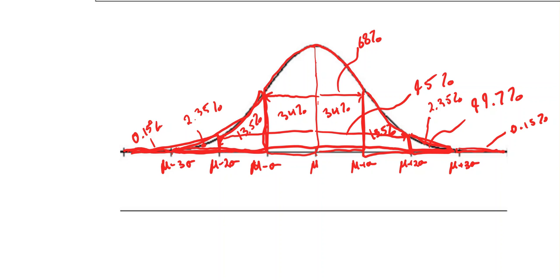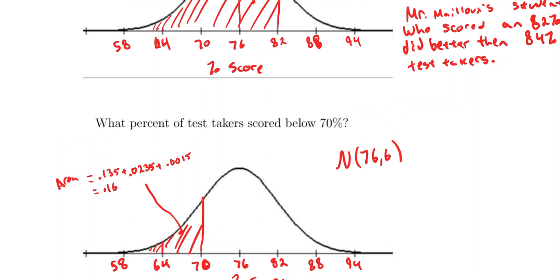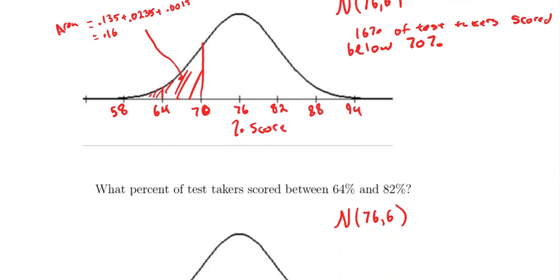So one way you might think about it is just adding those three values together. So 13.5% plus 2.35% plus 0.15%. So our area, when you add up those three pieces from our picture before, totals 0.16. So that gives us a value of 16%. So 16% of test takers scored below 70%.